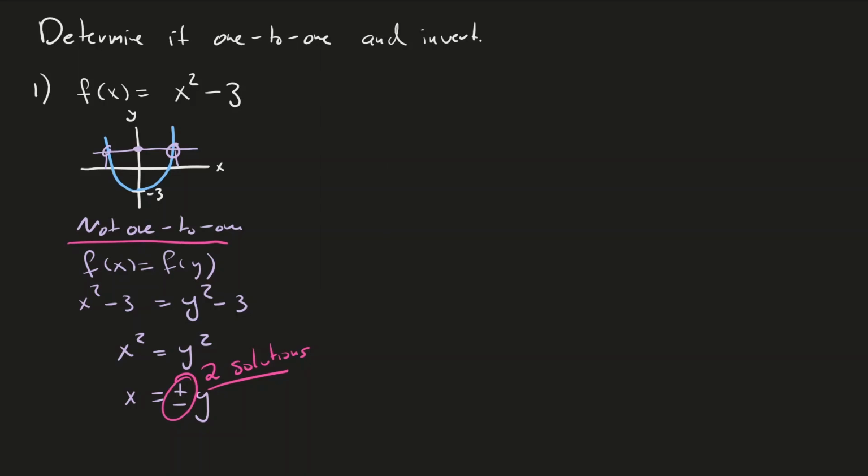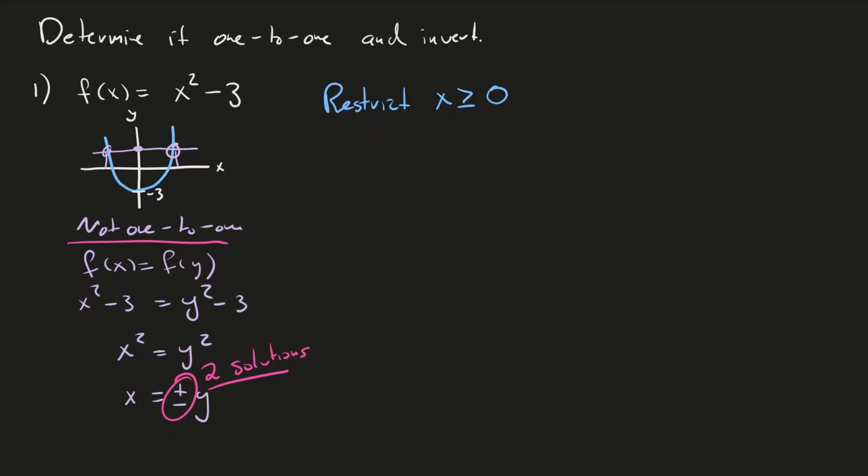But what if, for instance, we could exclude one of them? All right? So for instance, if we were to just make the declaration, say restrict x to being just completely positive. So if we make a domain restriction now, that would eliminate that negative root. X cannot be negative, so we can't get that -1.